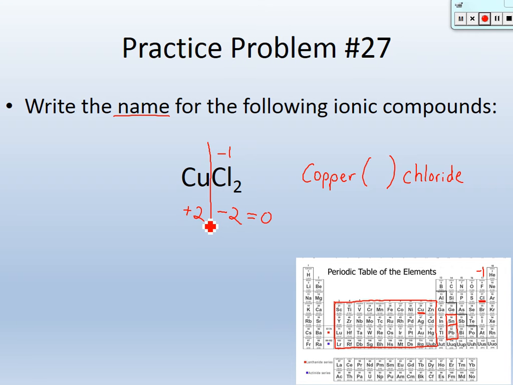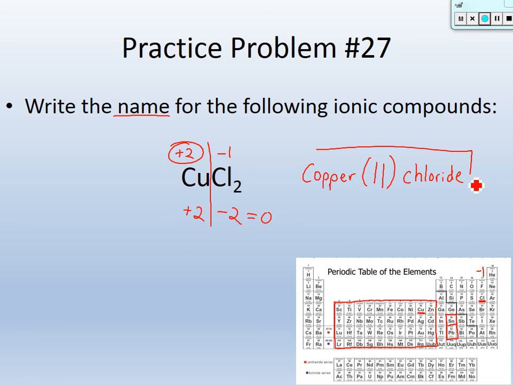With me? But when we name it, we're going to name it after the charge of one of these ions. So if I've only got one copper here, what does the charge have to be so that its total is plus 2? This has to be plus 2 because plus 2 times 1 is plus 2. So when you name it, it's named copper 2, but how do I show that in Roman numerals?